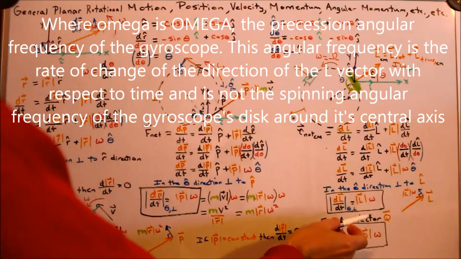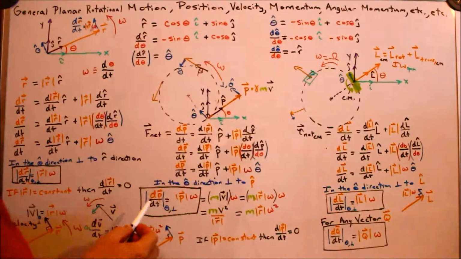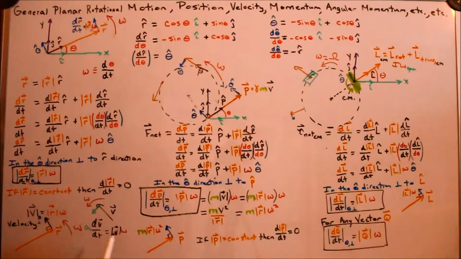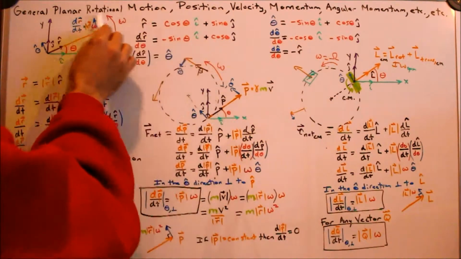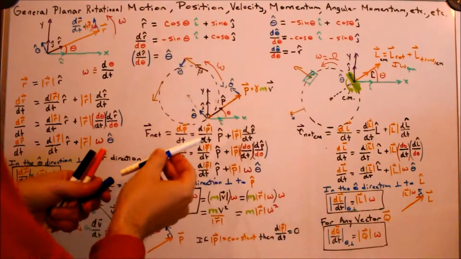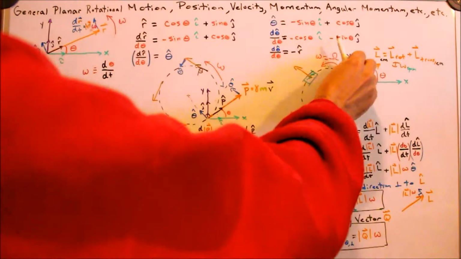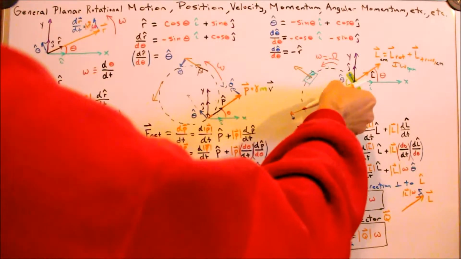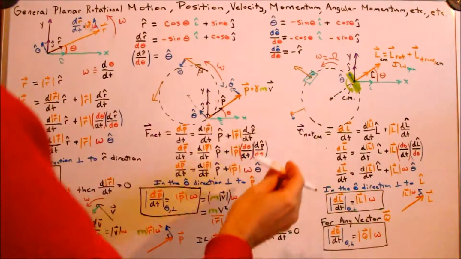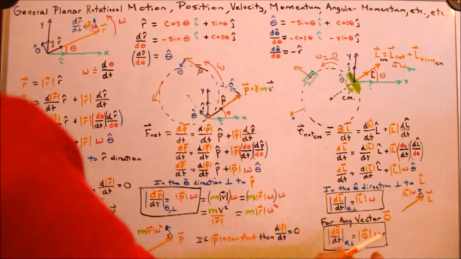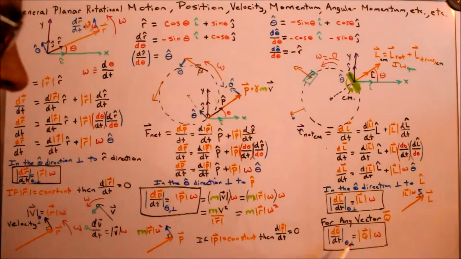So for any vector, any quantity Q, whether it be angular momentum, momentum, velocity, or position, if that vector is rotating in a plane at some angular frequency omega, we can find the rate of change of that vector.